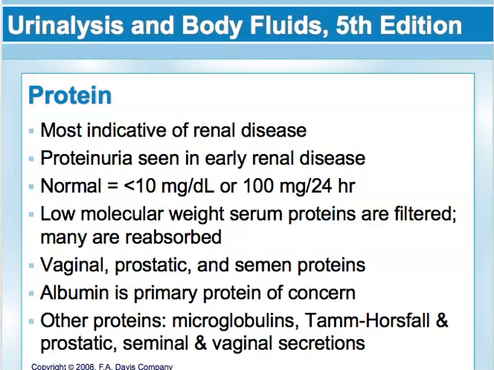Other proteins found in urine include small amounts of serum and tubular microglobulins, which is another low molecular weight protein, Tamm-Horsfall protein, which is produced by the renal tubular cells, and then proteins from prostatic, seminal, and vaginal secretions.